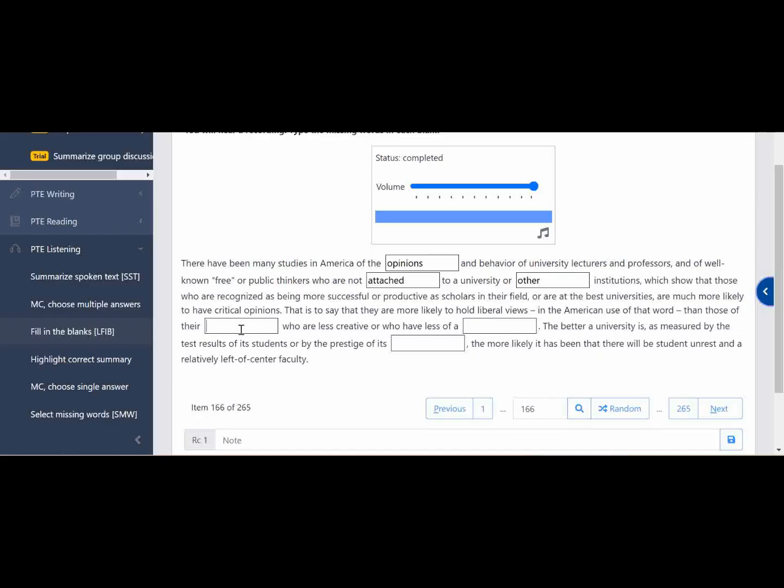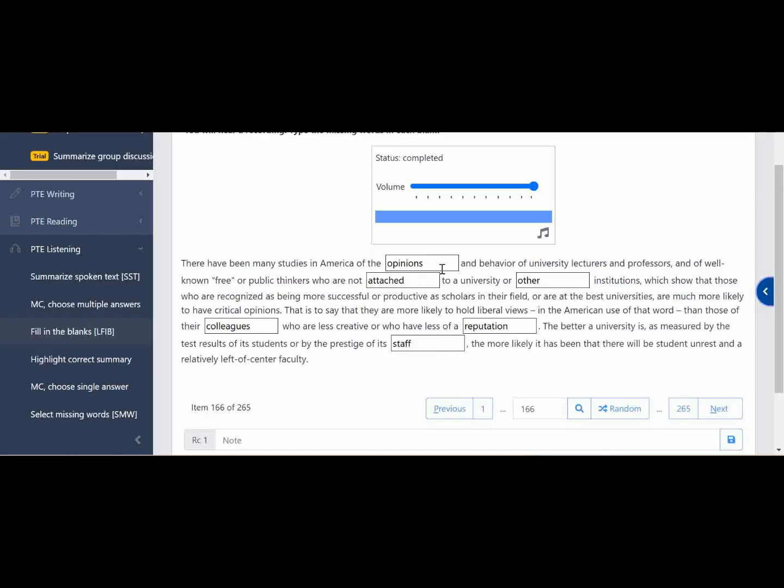Next is colleagues, because it is there. So there means plural. Next is reputation. So check your spellings of reputation. And last one is staff.